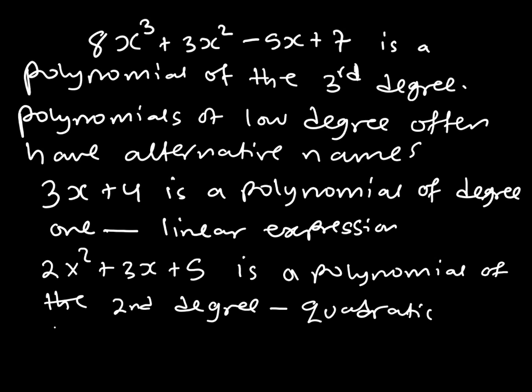That is a quadratic expression. You have dealt with the quadratics. So a polynomial of degree 2 is called a quadratic expression. Degree 3, we call them cubic expressions, and degree 4, they are called quartic expressions. If they have equal signs, of course, they become equations, but right now we are still dealing with the expressions. So this is a quadratic expression.